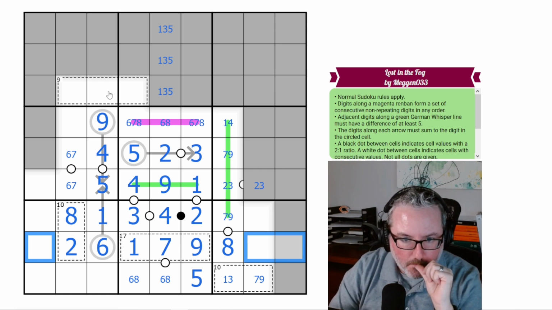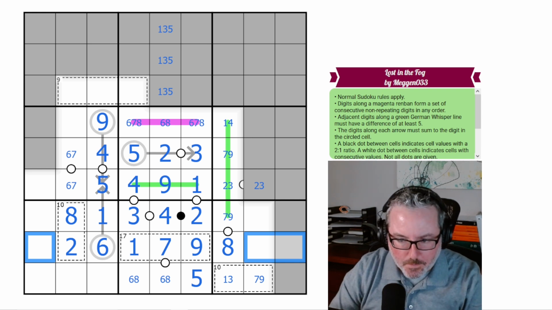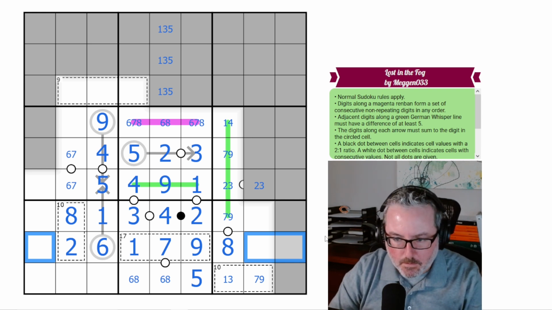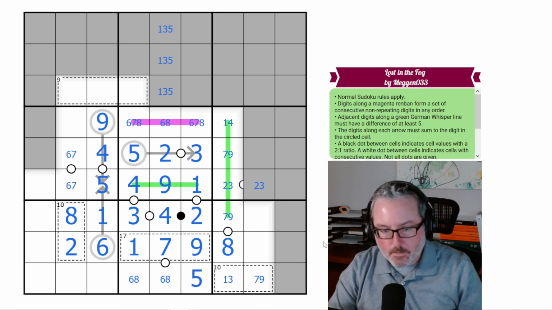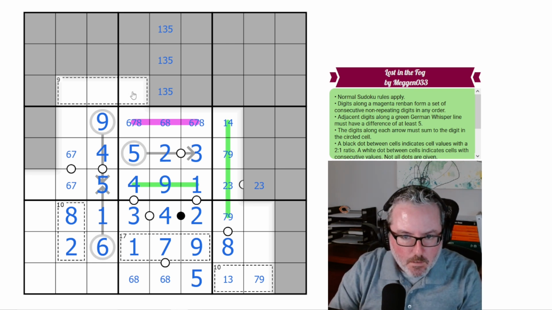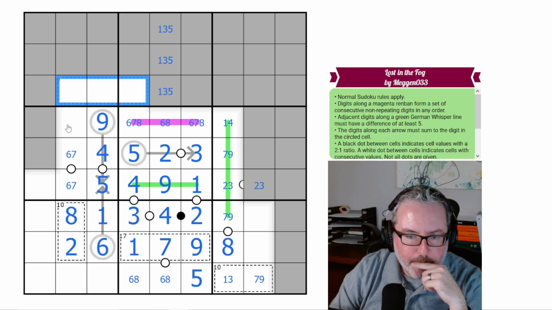Or we can start looking at this 9 cage, which we haven't started to look at quite yet. So down here, we need to have 3, 4, and 5. None of those are in any way reduced, so that doesn't help us. Okay. So maybe it is our 9 cell.